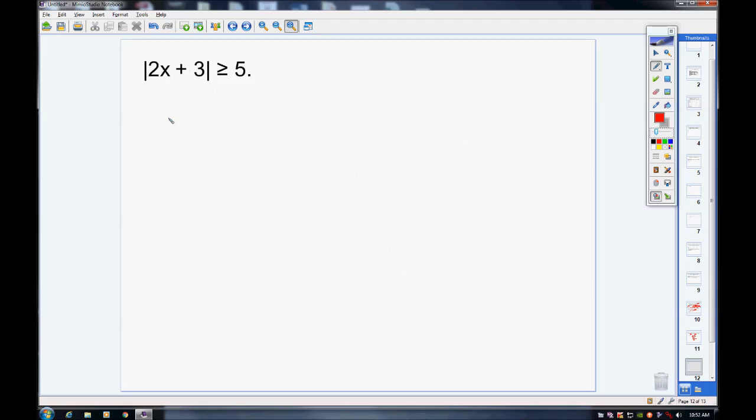Next question is this one. We're at a greater than, and so the greater than rule is, let me write it out. If the absolute value of x is greater than c, then x is less than -c or x is greater than c. So we do this by equating x to 2x plus 3.